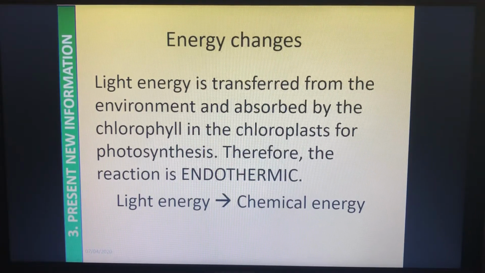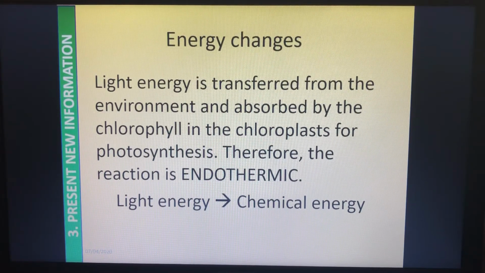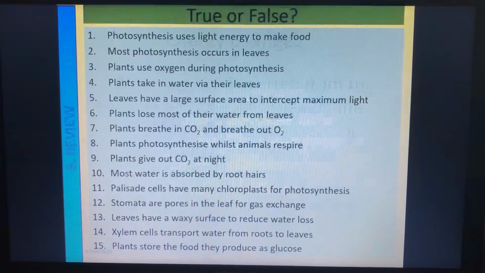All you need to write for this slide is: photosynthesis is an endothermic reaction. It's taking that light energy, and the glucose that's produced is a chemical energy store. So it's an endothermic reaction. If you need any extra time, then pause now.